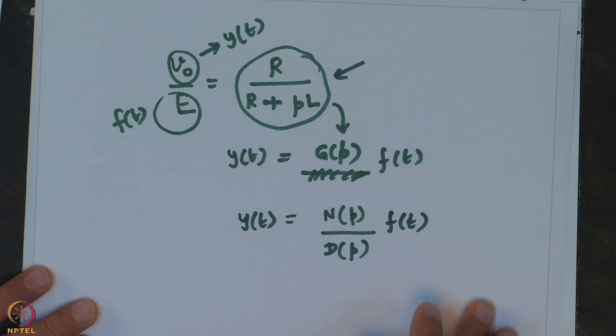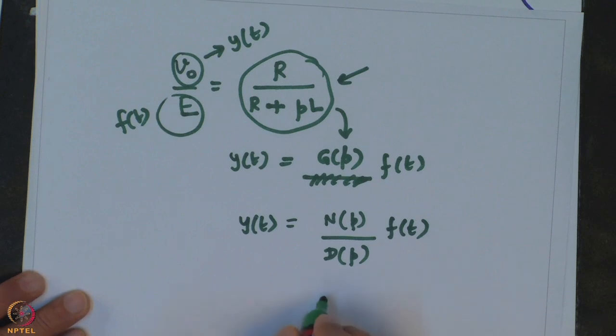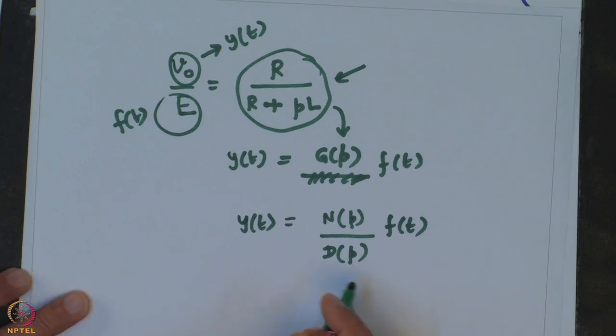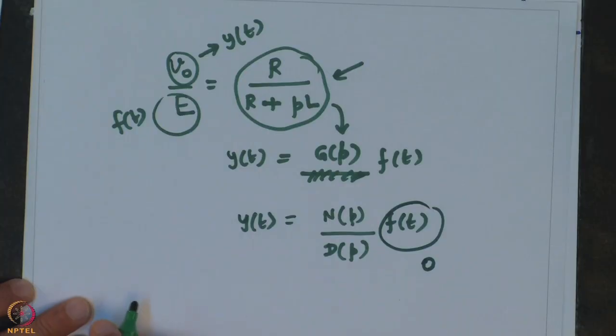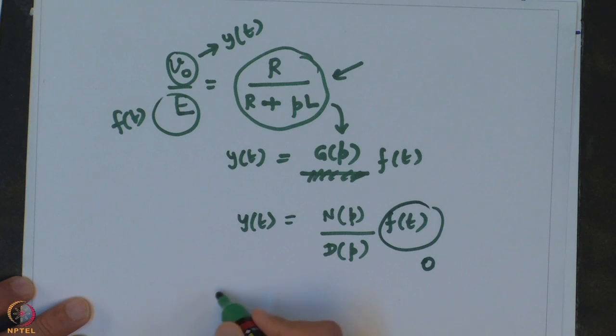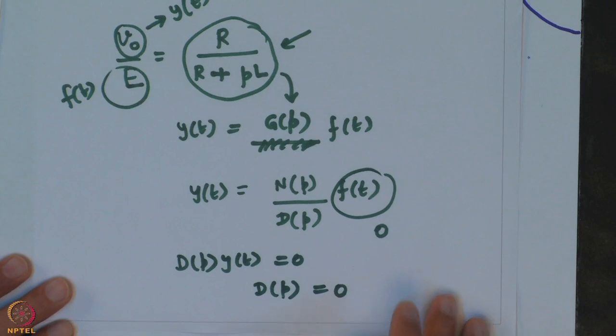Now the determination of the natural response is done by considering the homogeneous equation corresponding to the original non-homogeneous linear differential equation representing the system. So basically what we do is we make f of t 0, and when we do that we end up with D of p into y of t is equal to 0, and since we are talking about a non-trivial response or solution, this means D of p equal to 0.